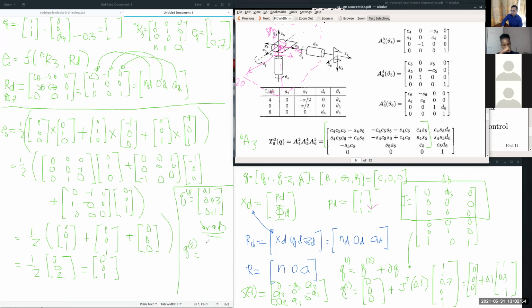Your Q1, that is this one now, 0.1, 0.03, 0.1, plus your KP times J transpose times again your error in the position and error in the orientation. That's your next angle.